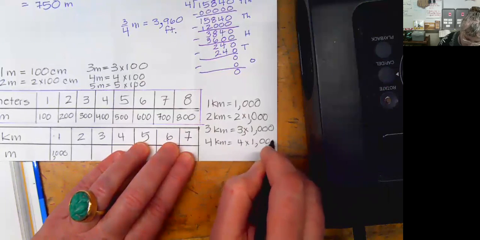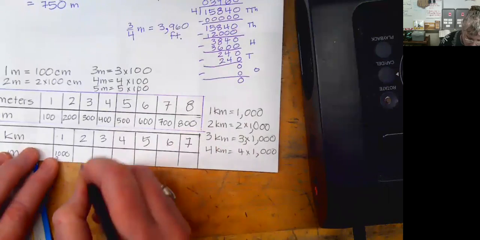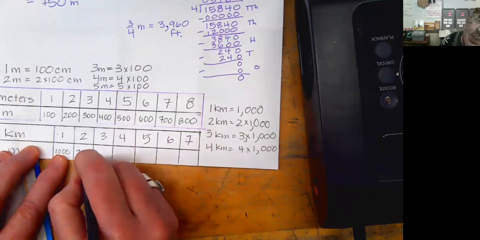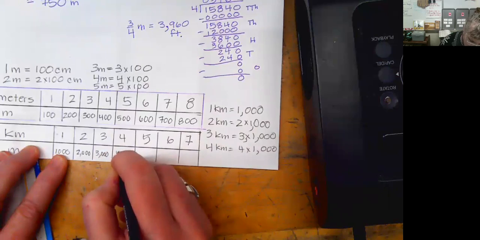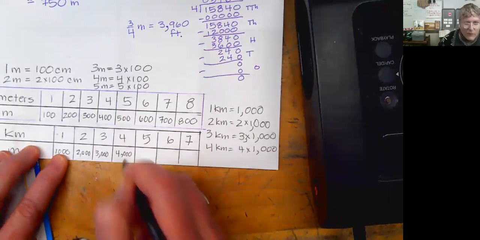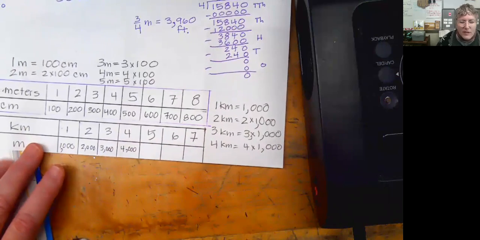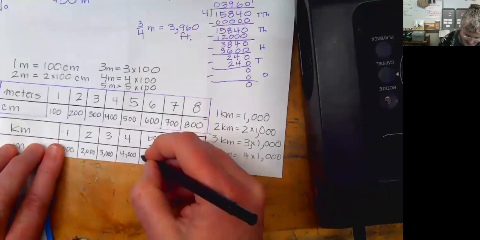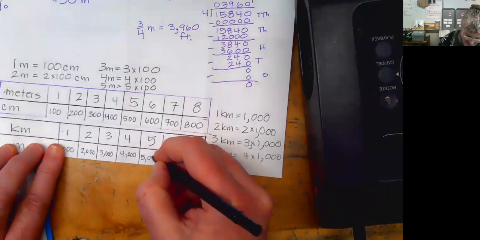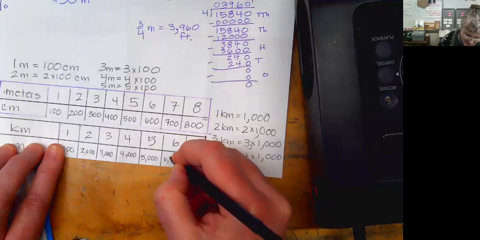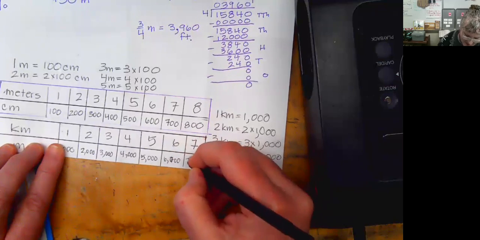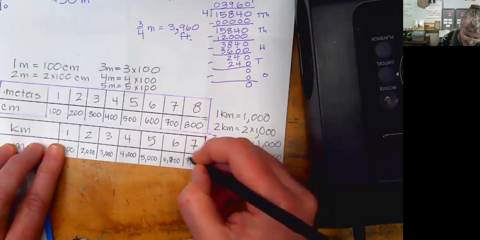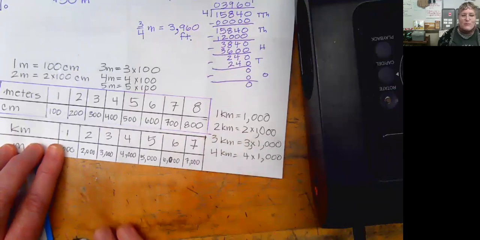You guys see the pattern? So this is going to be 2,000, 3,000, 4,000. What do you predict that 5 times 1,000 will be? 5,000, 6,000, 7,000. I got excited about going to 7,000 and put a 7 there.